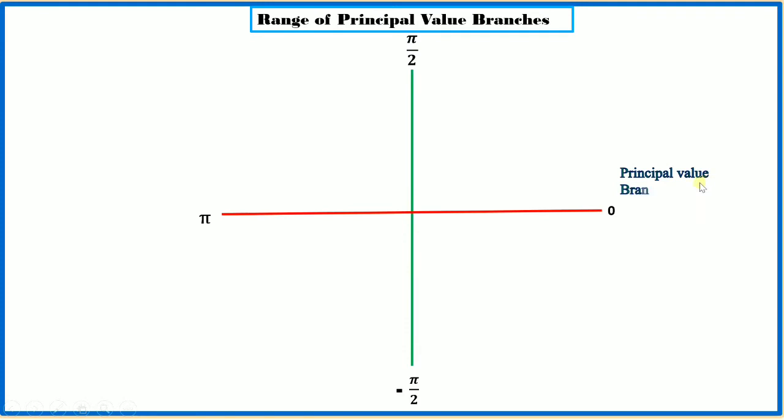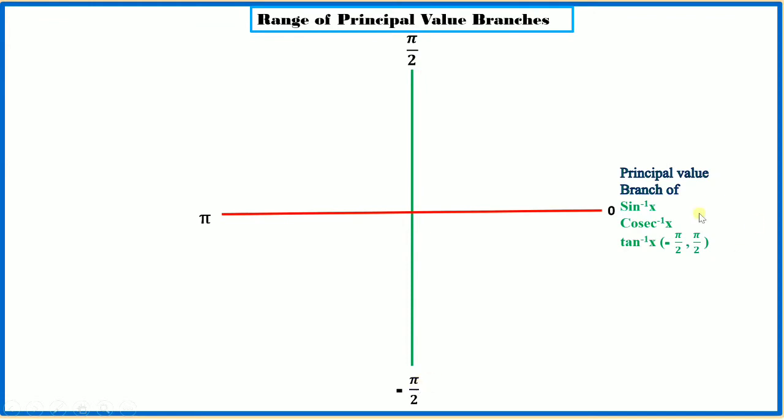So let us know more about what I was talking about. The principal value branch of sine inverse x, cosec inverse x and tan inverse x is from minus pi by 2 to plus pi by 2. That's why I have kept the color of this vertical line green for you, so that these three inverse trigonometric functions belong to this line only.